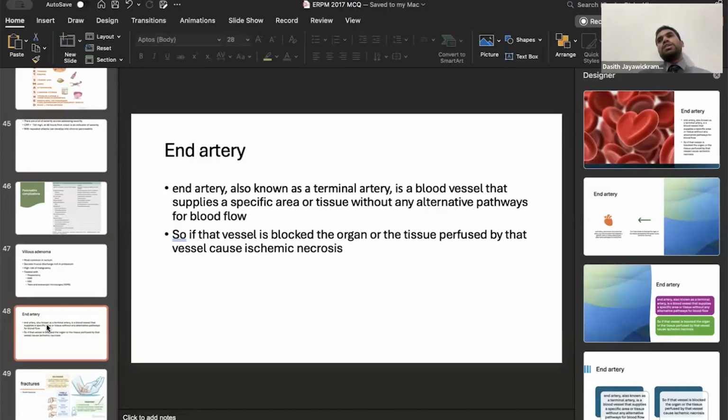Right hepatic artery. Yes, the right hepatic artery supplies the right lobe of the liver. So imagine we are doing a laparoscopic cholecystectomy, and we accidentally damage the right hepatic artery in the Calot's triangle.